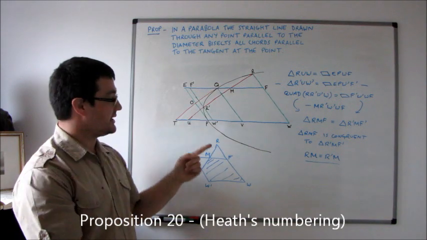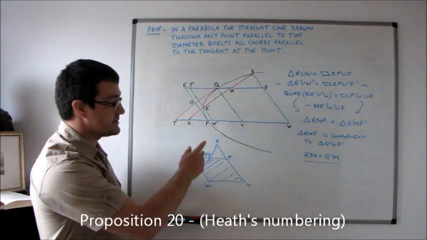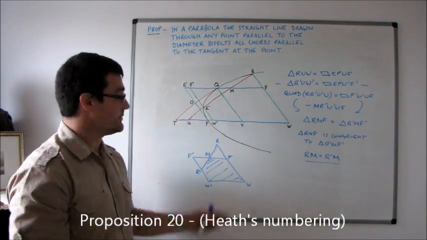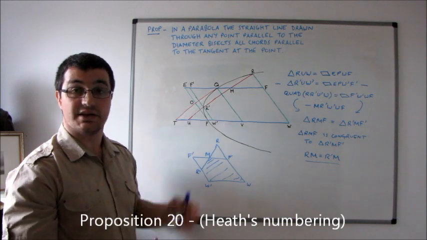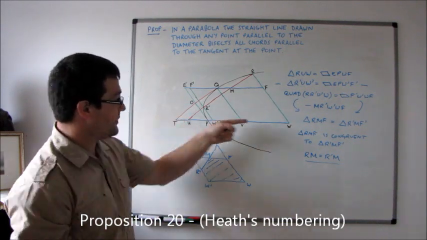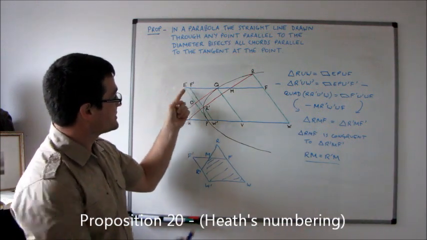We can also apply that to what's going on down here at P. We said originally that the line PE can't be assumed to be a tangent, but it turns out that it is, because the line through P is a diameter and it bisects these chords.